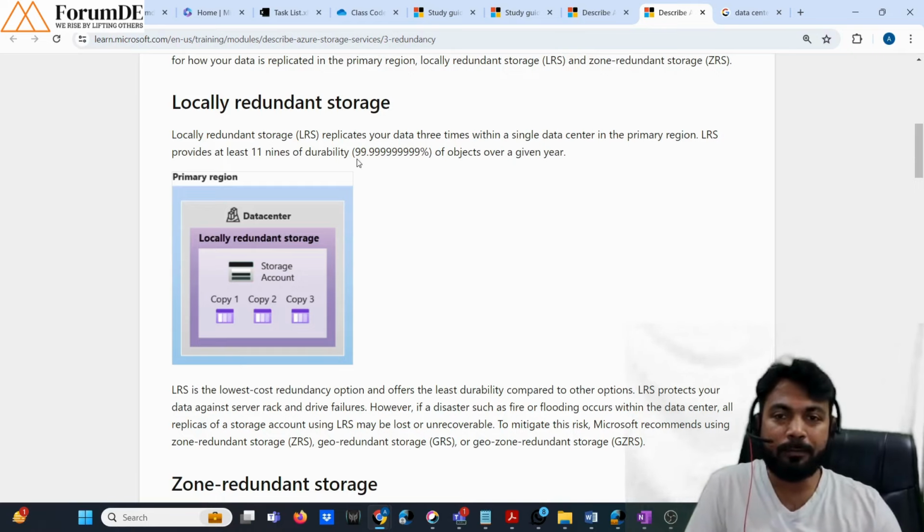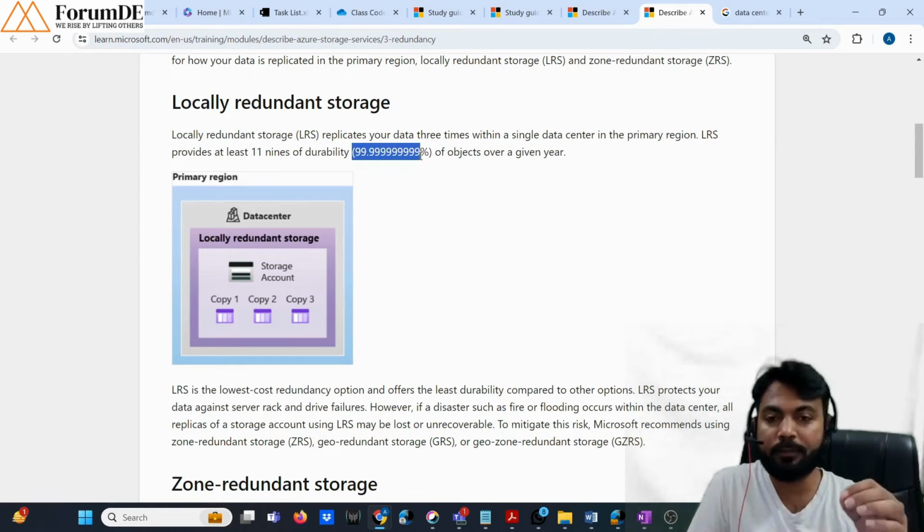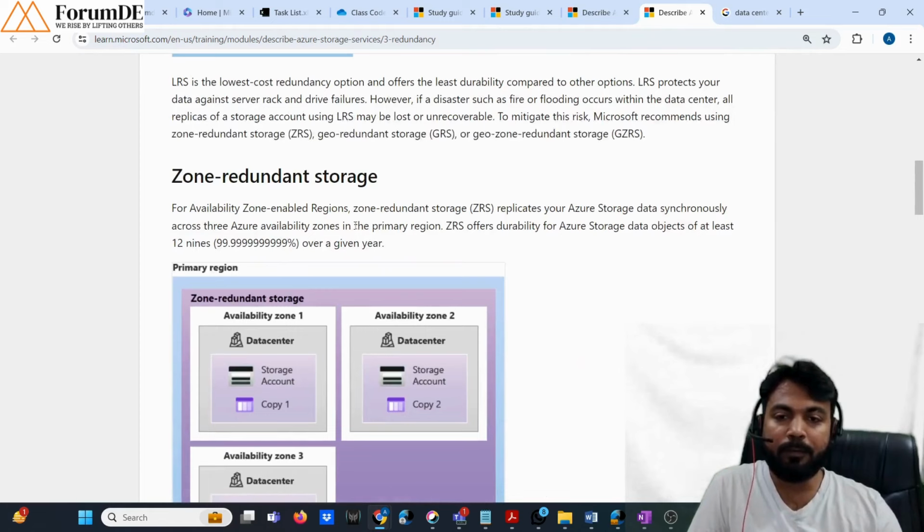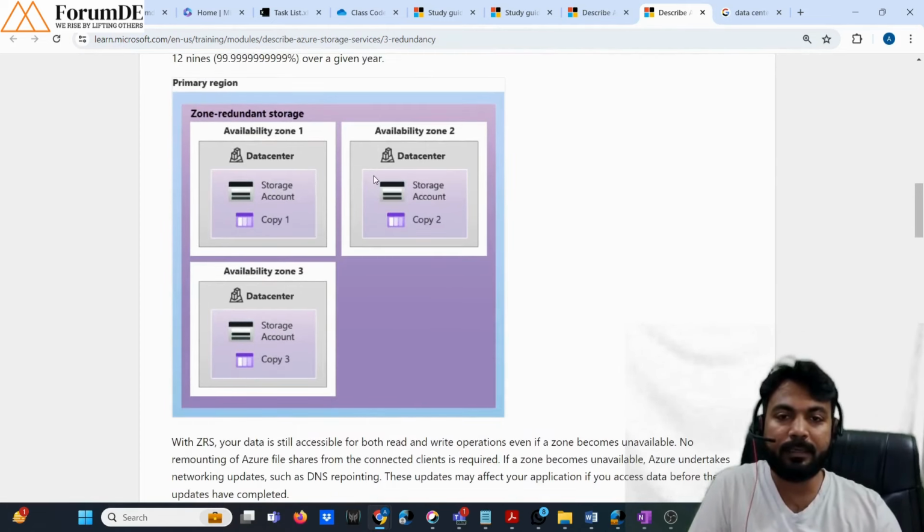So it provides at least 11 nines of durability of objects over a given year. If you count all the nines, it is 11 nines. I mean to say the availability of data increases. That's all.